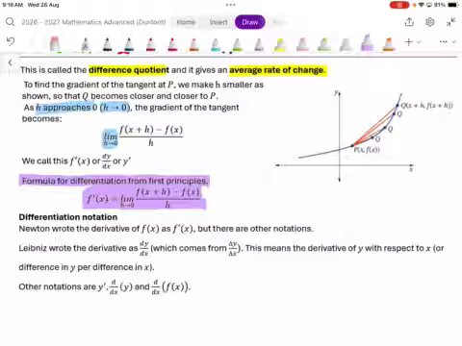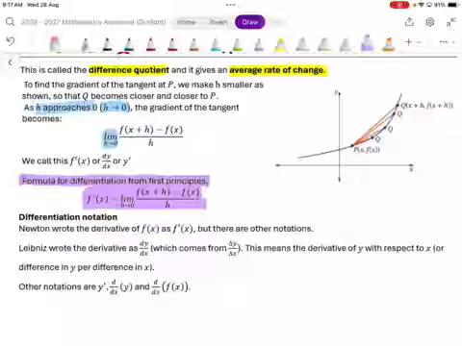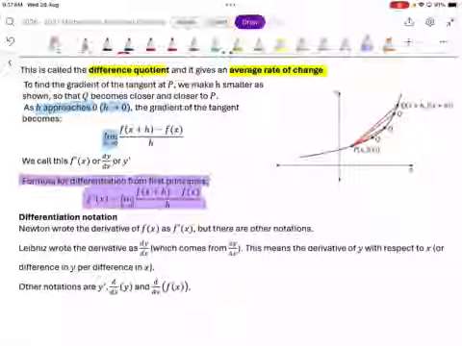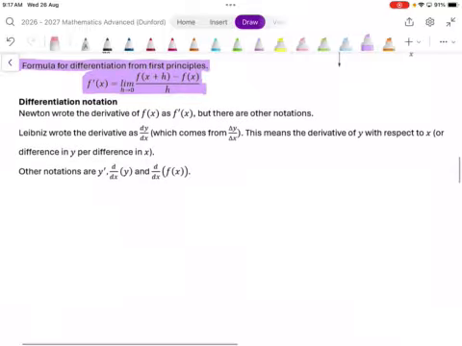So it means the derivative of y with respect to x, or the difference in y per the difference in x. Some other notations that we have are y dash, or d on dx of y, d of dx on f(x). So we'll see all the different notations, but for today, we're going to be using f dash x for our questions.